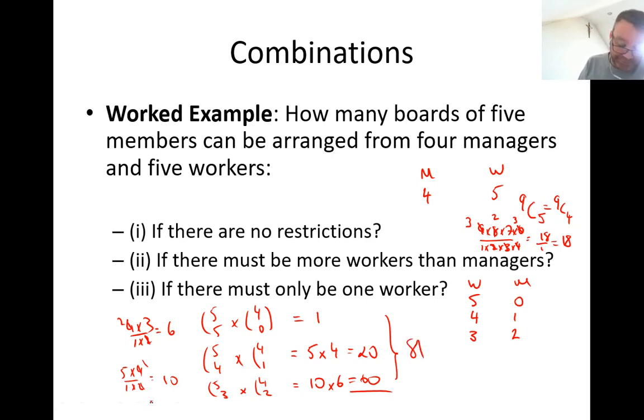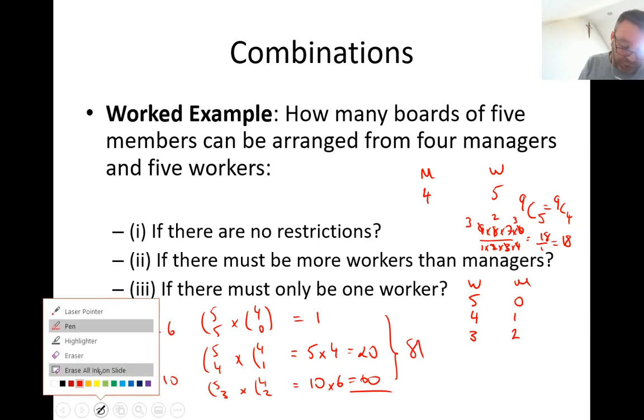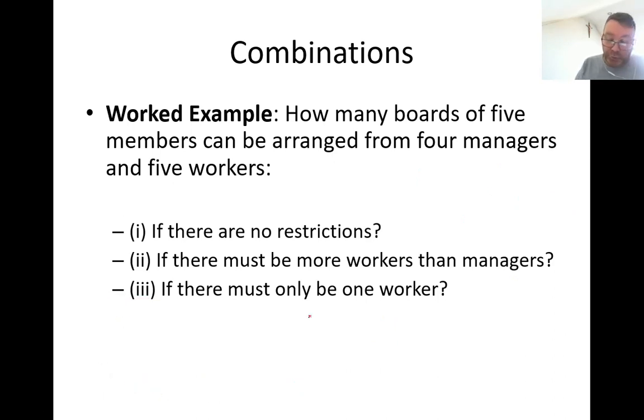Okay, and then the last one, there's only allowed to be 1 worker. So again, if there's only allowed to be 1 worker, take care of that first. Out of the 5 workers, I'm only allowed to choose 1. And along with that 1, out of the 4 managers, I must choose all 4. See that?